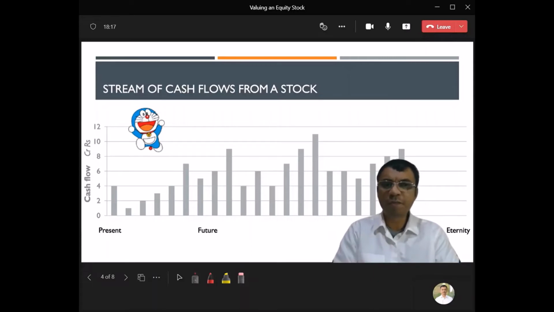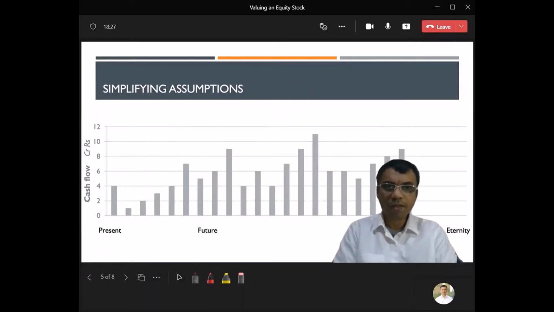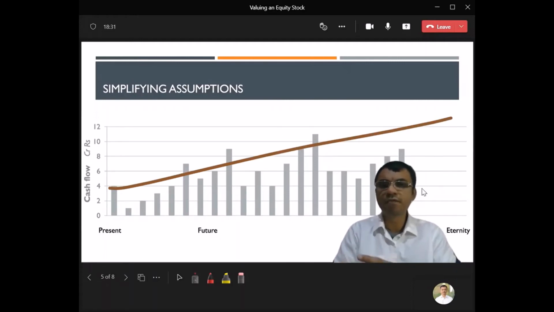So we make a simplification for the stream of dividend payments. The simplification is that dividends grow at a constant rate forever. This growth could start this year or maybe a few years down the line.